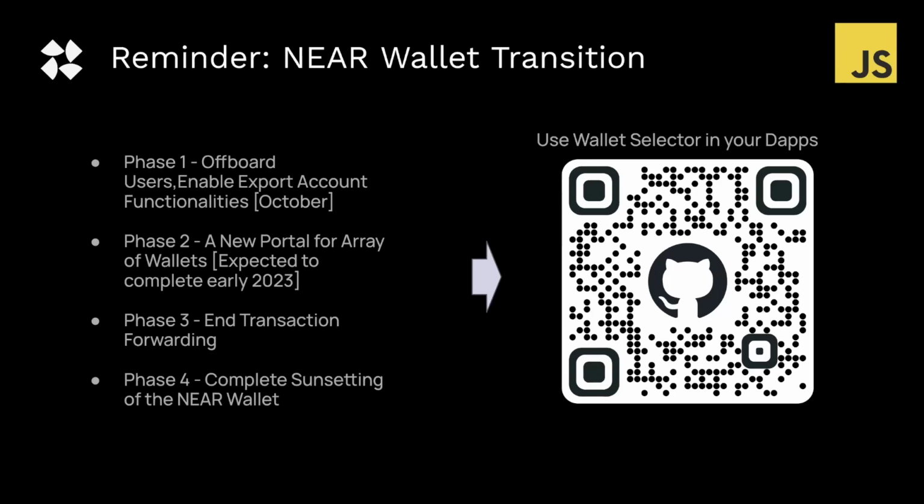This really gets into social recovery that we're going to talk about in the future for wallet selector. But having X number out of Y number of those keys gives you access to be able to log into your account and sign transactions. So this is how we're not going to be custodial. That's something that we're very clear on. And so this is the current plan with this scope of work.